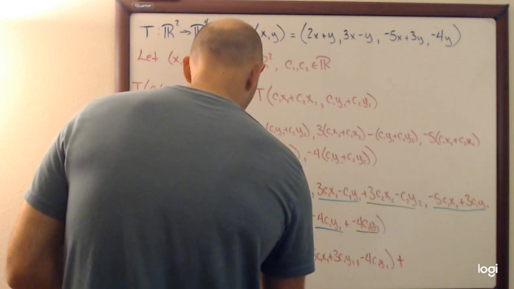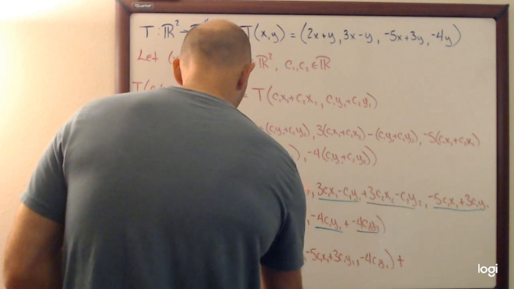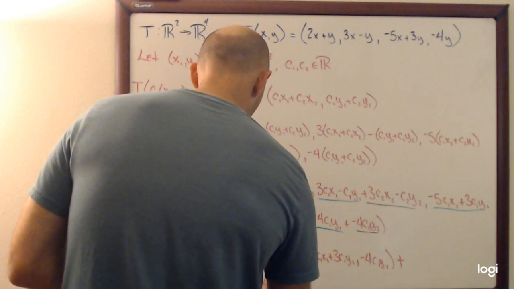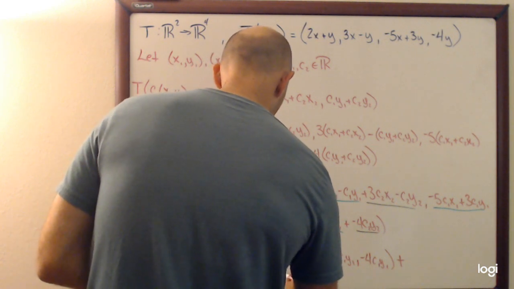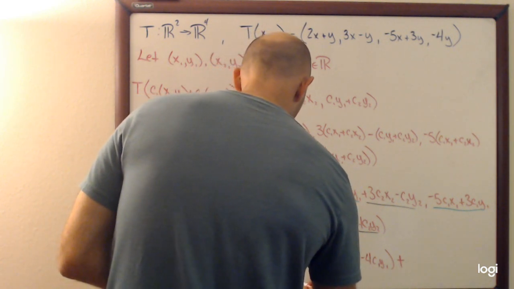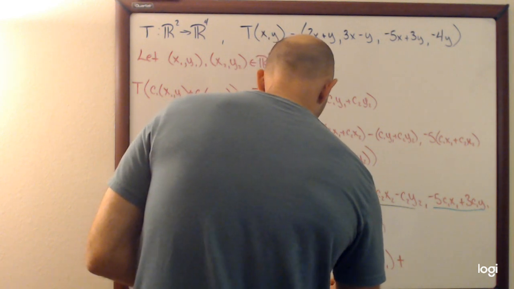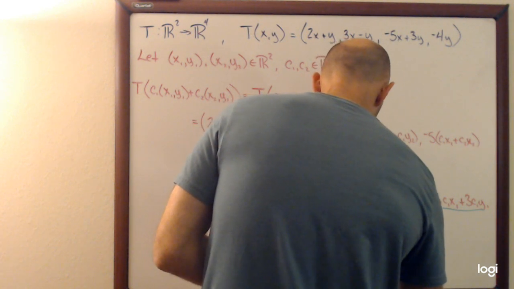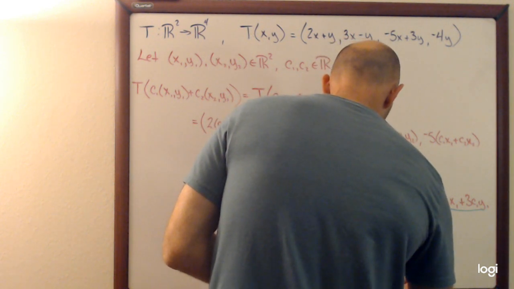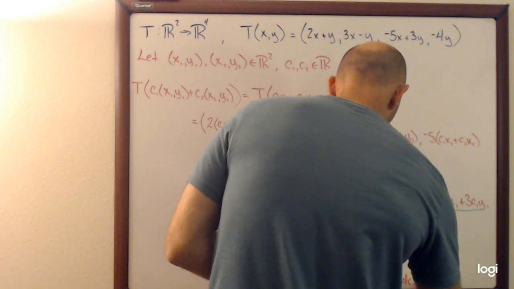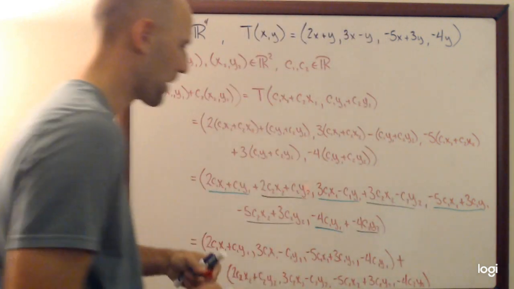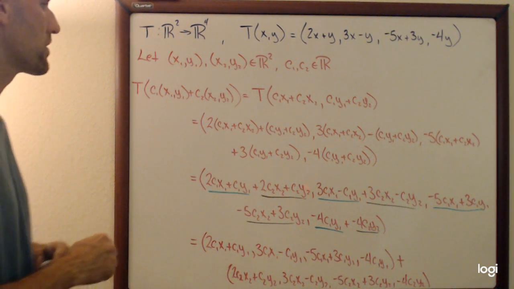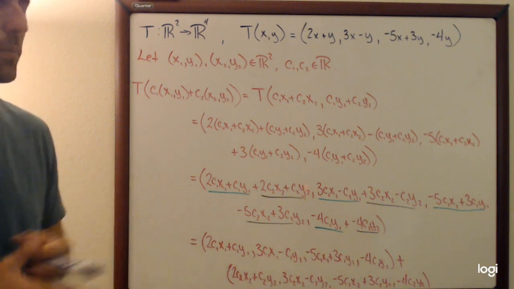So this will be c2 x2 plus c2 y2, comma, 3 c2 x2 minus c2 y2, comma, negative 5 c2 x2 plus 3 c2 y2, comma, negative 4 c2 y2. Ugh, okay. It's a lot. I know it's a lot of writing, but again, focus less on the writing and more on the fact that this is not incredibly complicated.